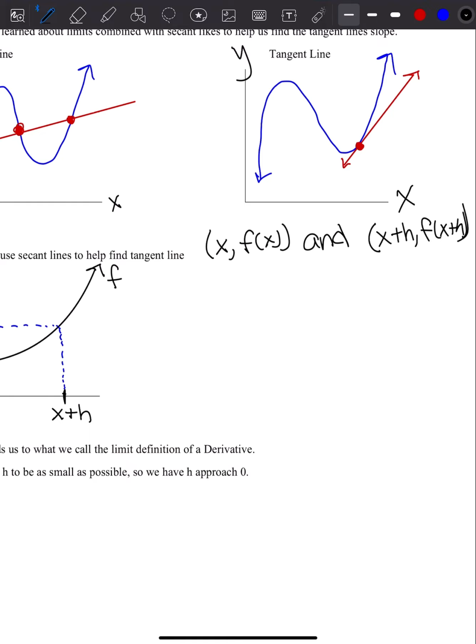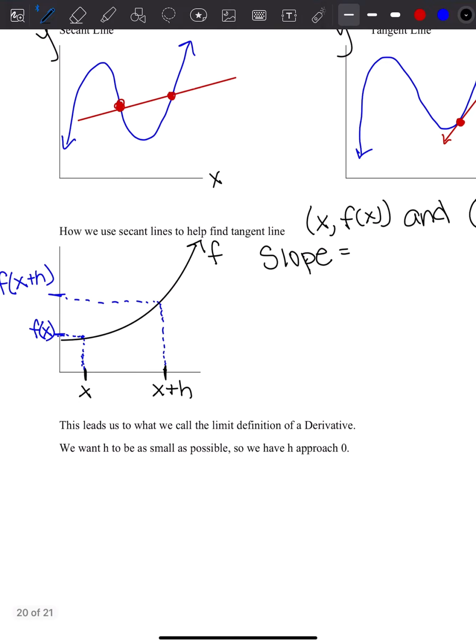Okay, so what we are going to do is find the slope between these 2 points. So we're going to find the slope of our secant line. And I can call it a secant line because I'm just using 2 points here to make a line that passes through both of them.